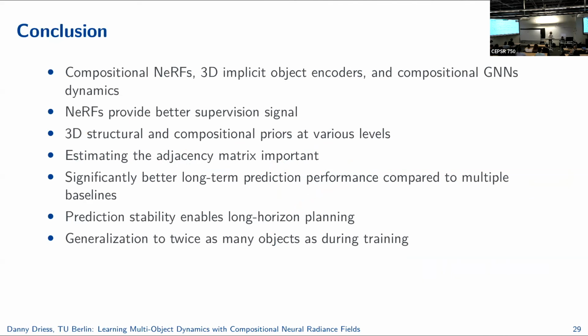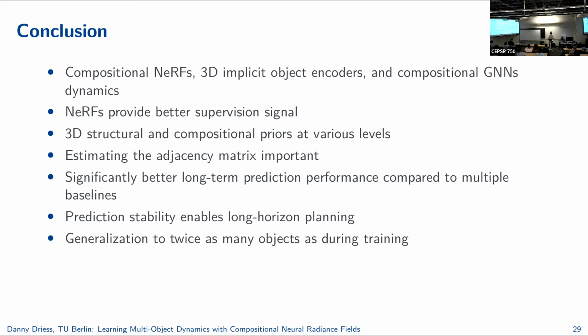So for conclusion, what we found is that neural radiance fields provide a very strong supervision signal to train these embeddings. And estimating the adjacency matrix was a very important aspect here, and it was enabled due to this 3D prior that is in these neural radiance fields.